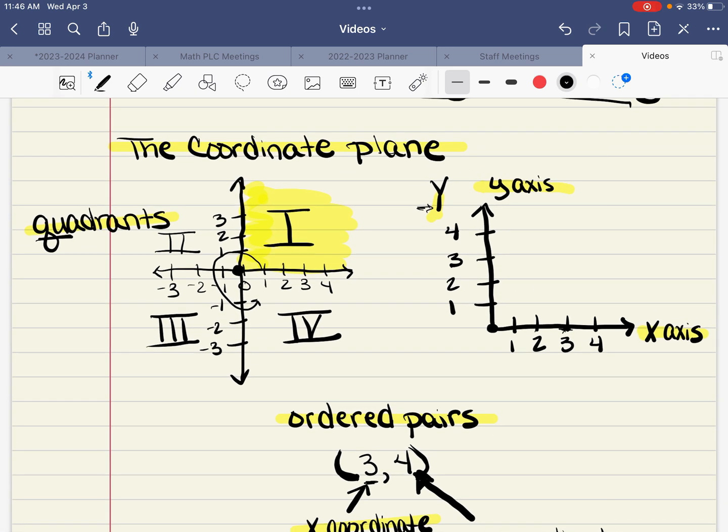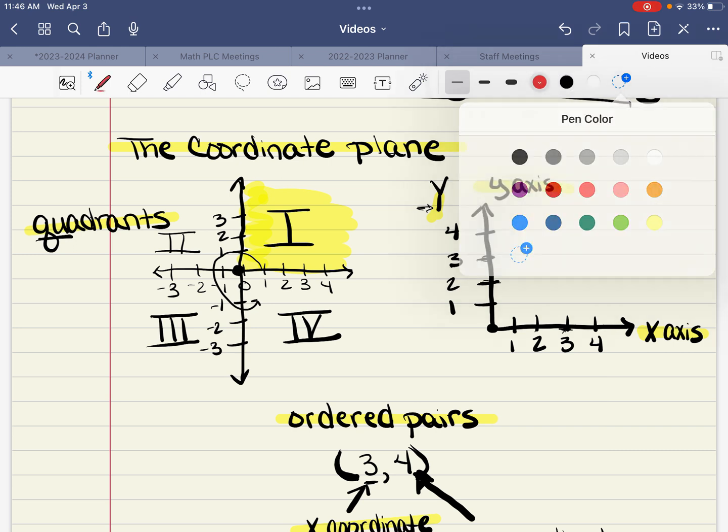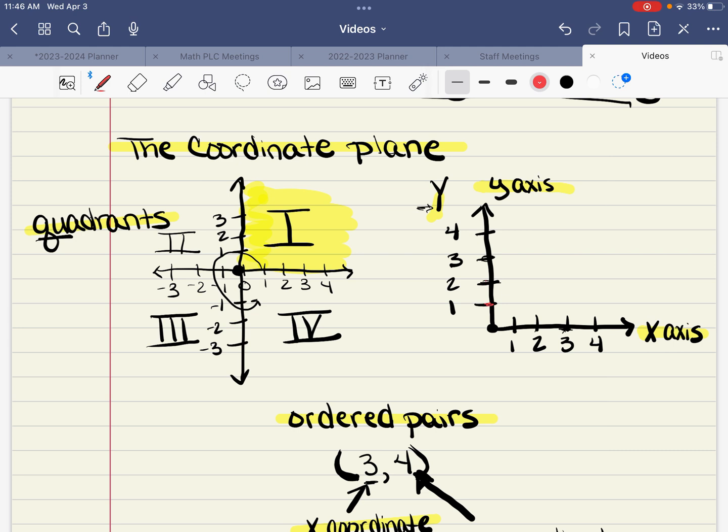So we would go up 4. 1, 2. Let me change color so it's easier to see here. So 1, 2, 3, 4. And right where 3 and 4 meet, that is the location of this particular point, this ordered pair. Okay. And that's how you graph them.